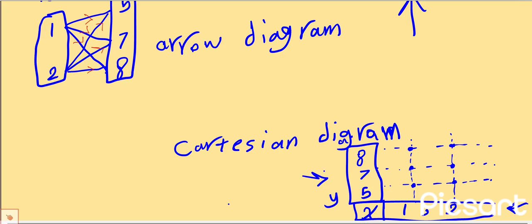No one knows what it is. They draw the arrow diagram, but it's a little bit complicated. Yes, physical things, any figure.